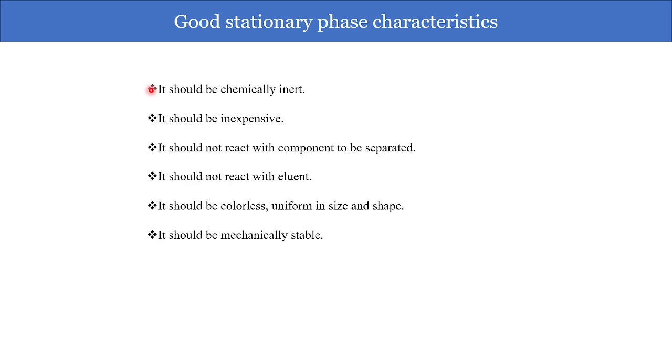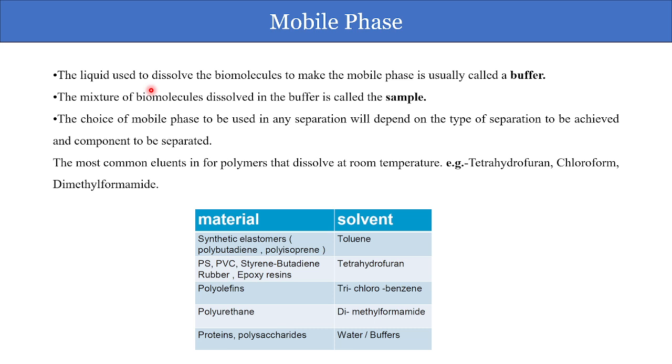It should be inexpensive, though I'm not very sure how inexpensive these columns are. It should not react. That's very important. It should not be reactive with the component that has to be separated. It should not even react with the eluent. It should be colorless, uniform in size and shape, and it should be mechanically stable, irrespective of the type of mobile phase that we are using.